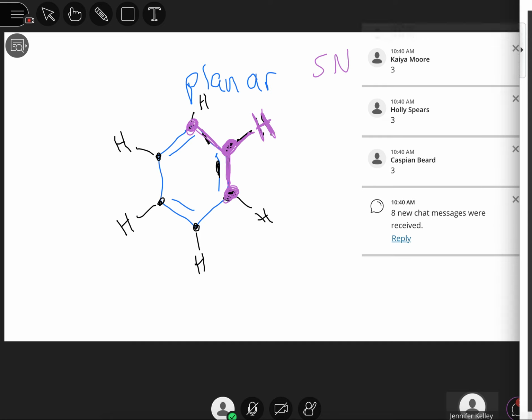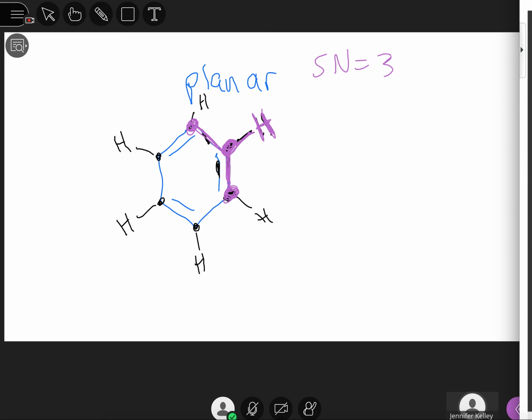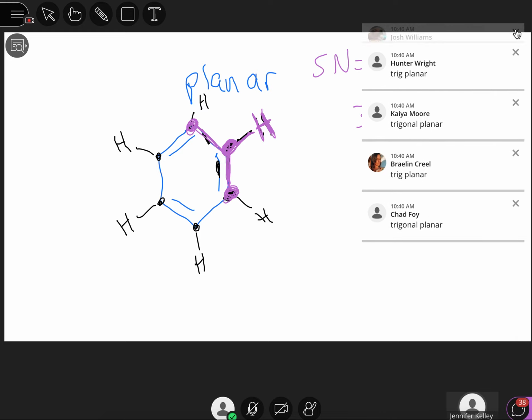So the steric number would be 3 because it's 3 atoms bonded to it, plus 0 because there are no lone pairs on that carbon. So steric number is 3. What's the VSEPR structure of something with 3 atoms? Trigonal planar, correct.